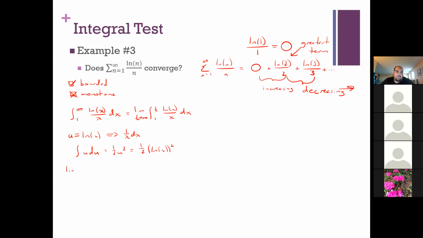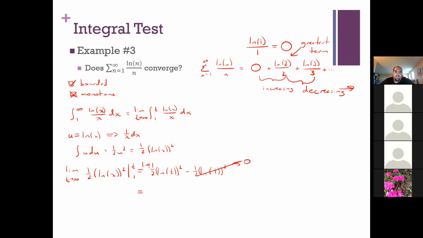Now we're looking at the limit as t approaches infinity of 1/2 natural log of x squared from 1 to t. So I get 1/2 natural log of t squared minus 1/2 natural log of 1 squared. This goes to 0.